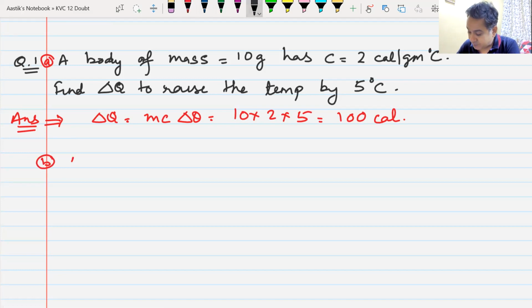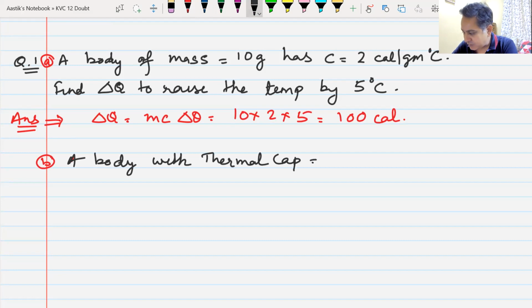Okay, a body with thermal capacity or heat capacity. A body has a thermal capacity of 20 calories per degree Celsius.